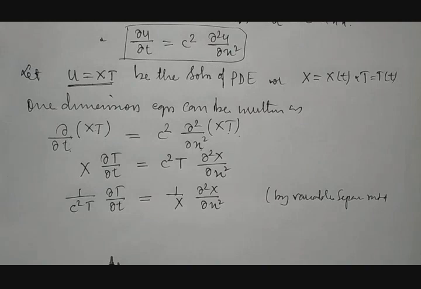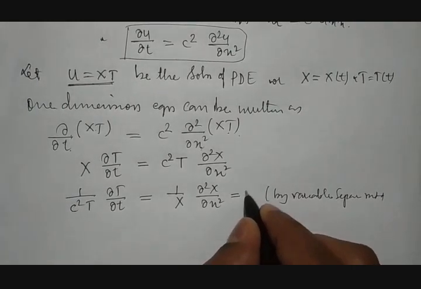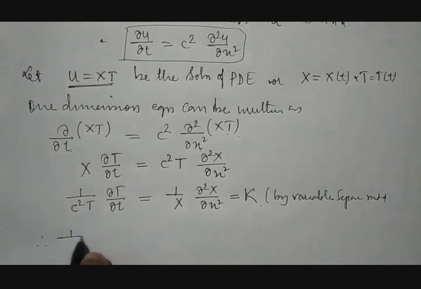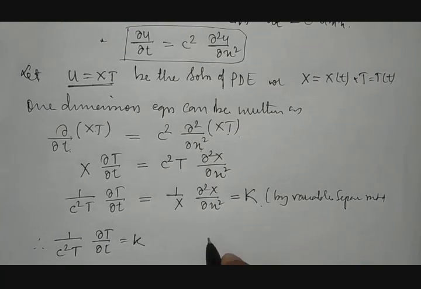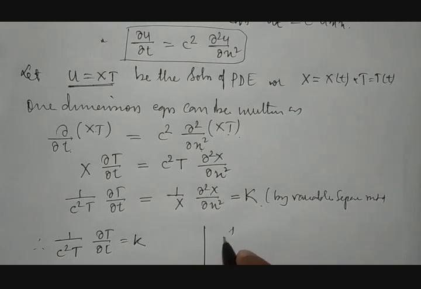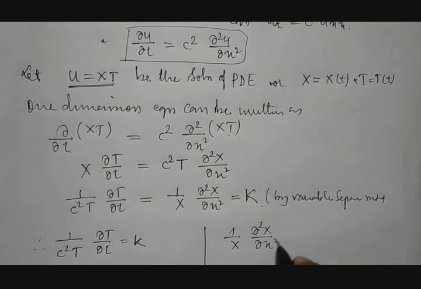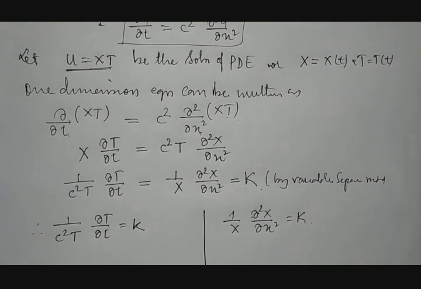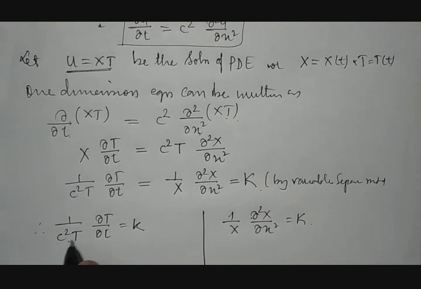After separating the variables, what we do? We'll equate this whole thing to k. Therefore, we can take 1/(c² T) ∂T/∂t = k, and 1/X ∂²X/∂x² = k. Then this can be written as, we'll take this 1/(c² T) to the other end.